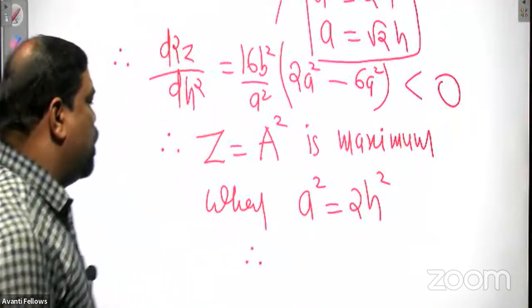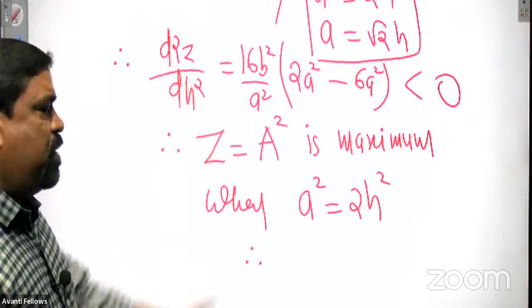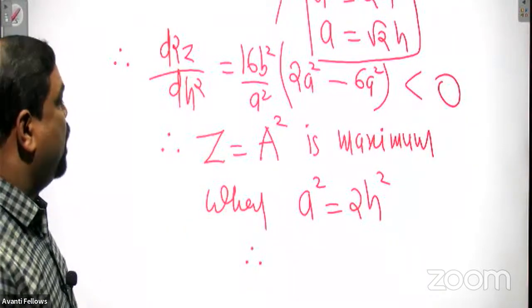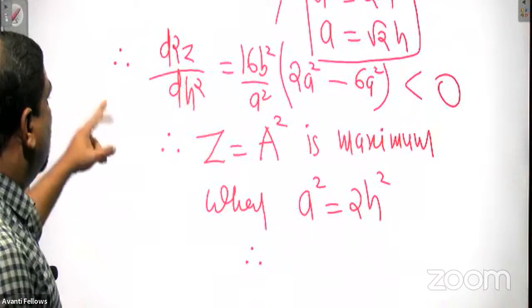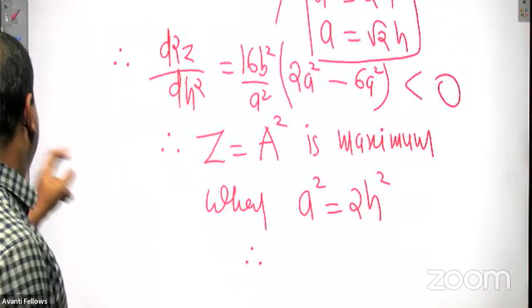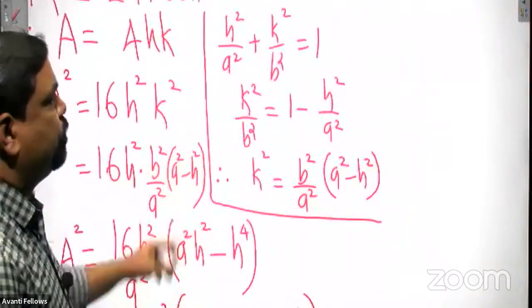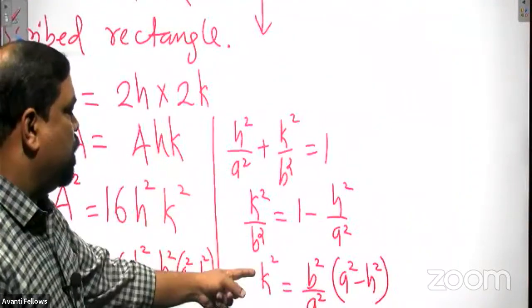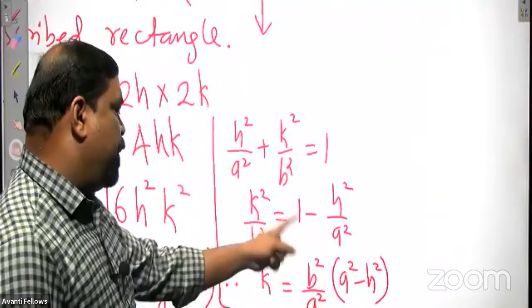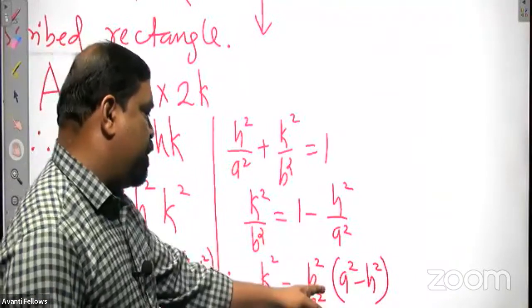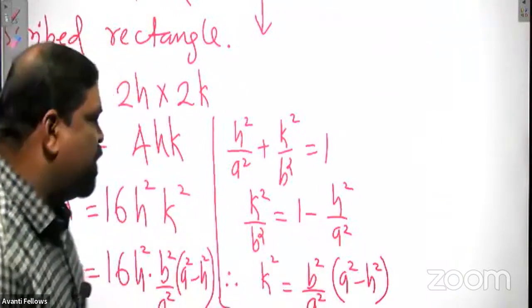So s square we have got now, so the value of h we have got already. We need the value of k. For that you can apply which one? We know the relation between h and k, no? This is a relation. Okay. So k square is equal to b square by s square into s square minus h square. So h value is already ready.